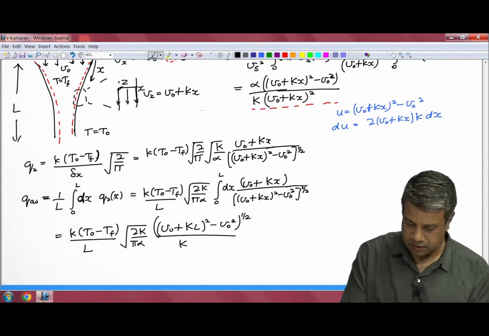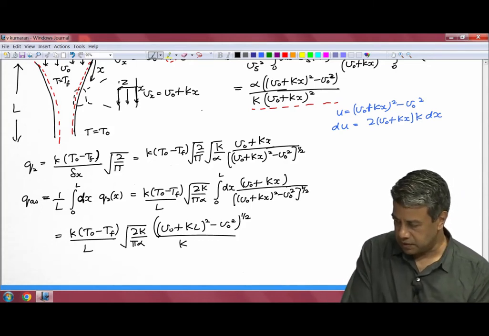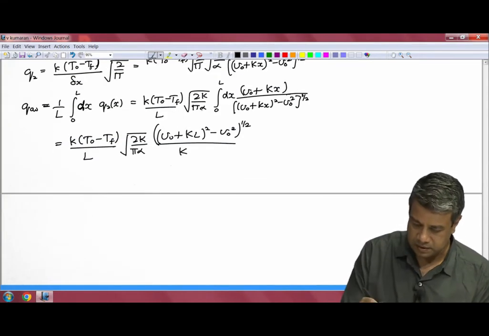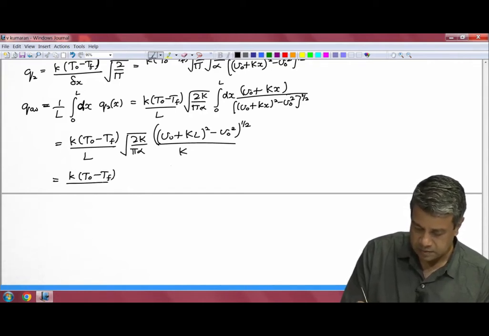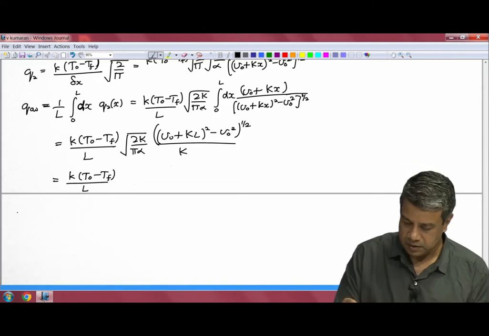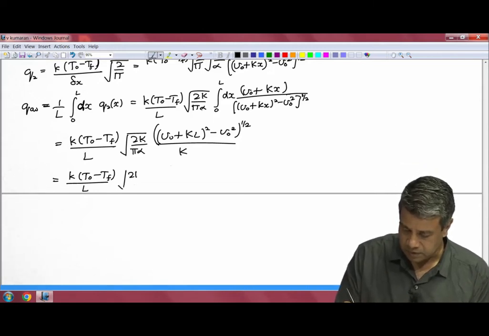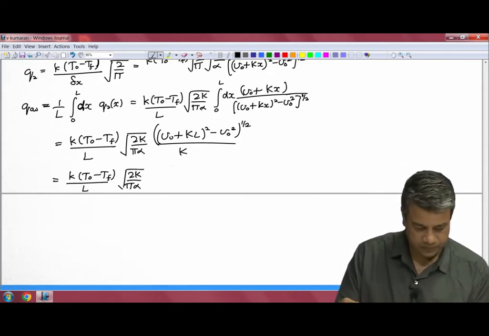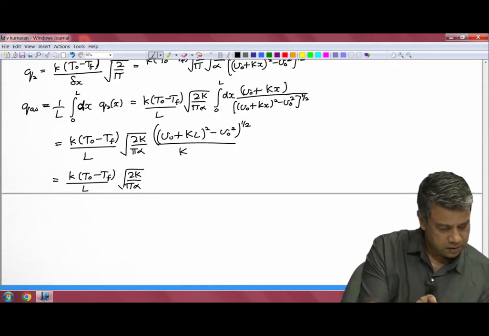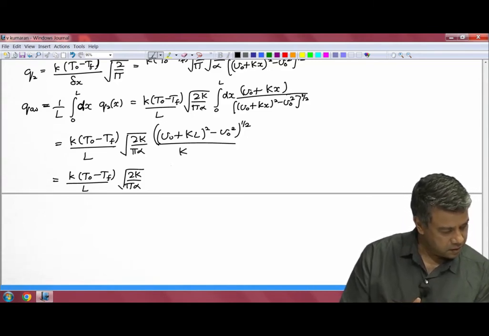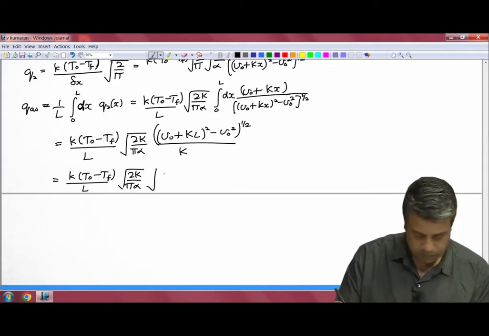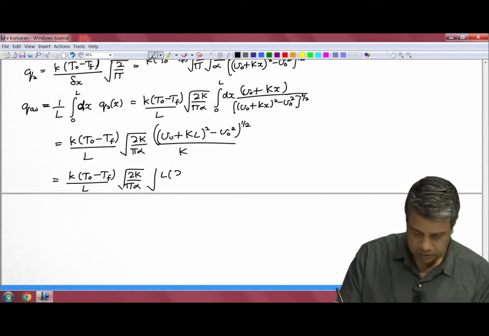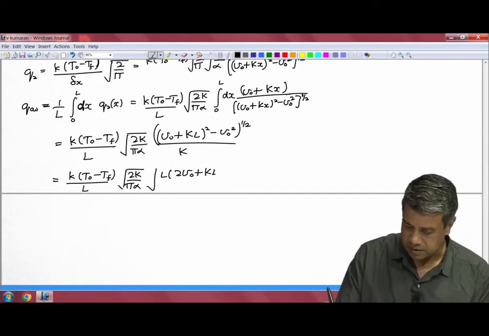Okay. And you can do some algebraic simplifications here. You can simplify this a little bit to get k into T naught minus T f by L, into root of 2k by pi alpha, into root of L into 2 V naught plus k L, by k.